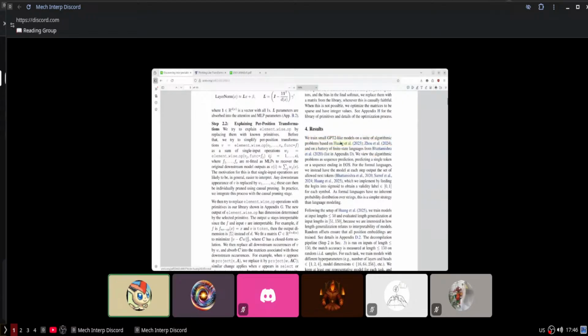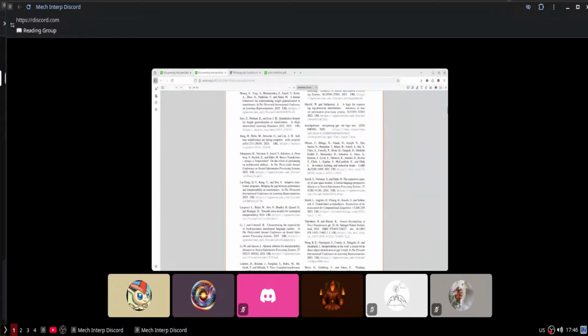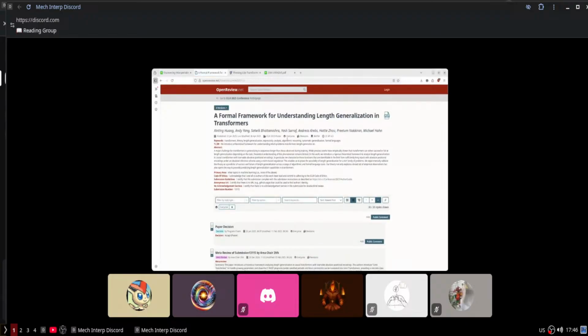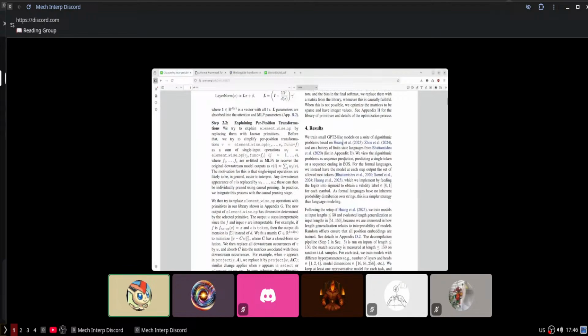So what is this paper? A formal framework for this. Okay, so this is the length framework.